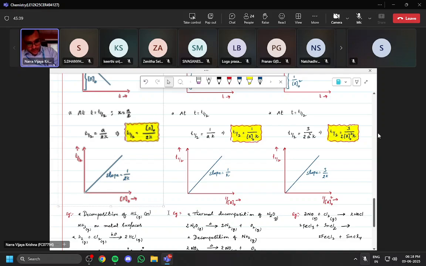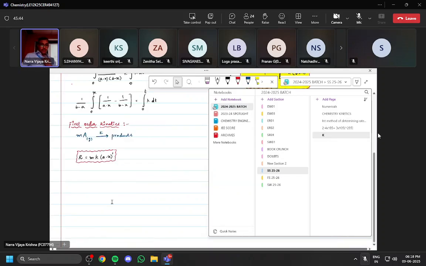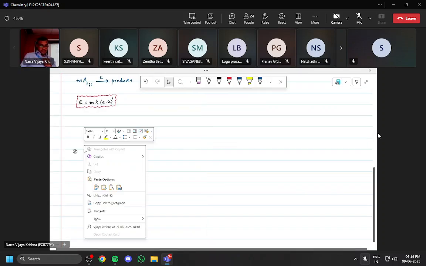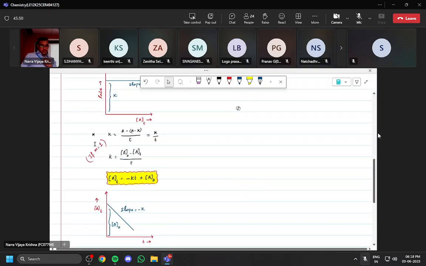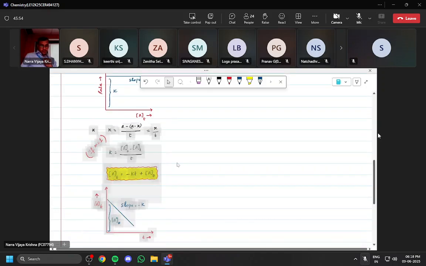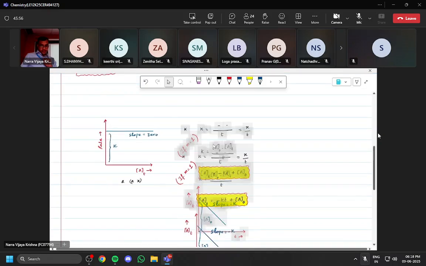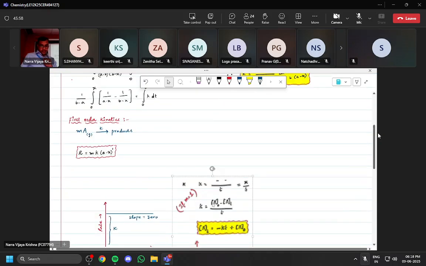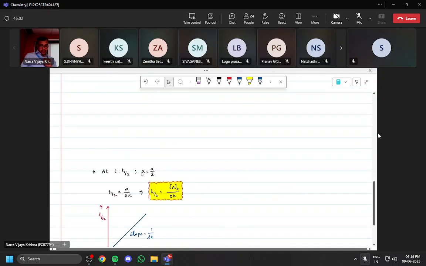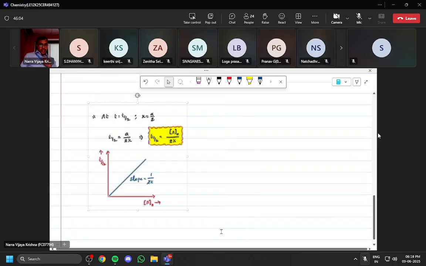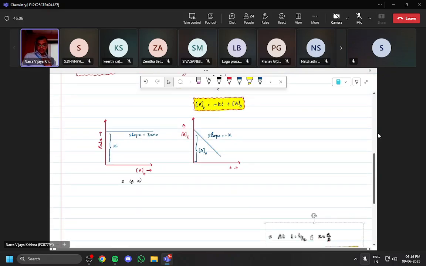I am copying this, same 3 types of graphs I am drawing here.